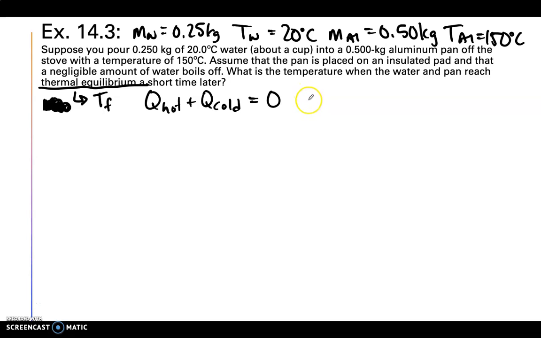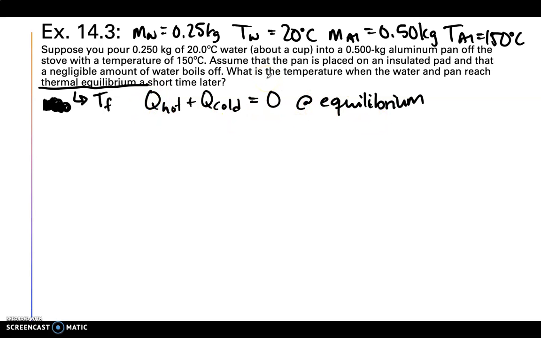Another way of stating this is, no, actually, this is good. At equilibrium, the heat exchange will stop.